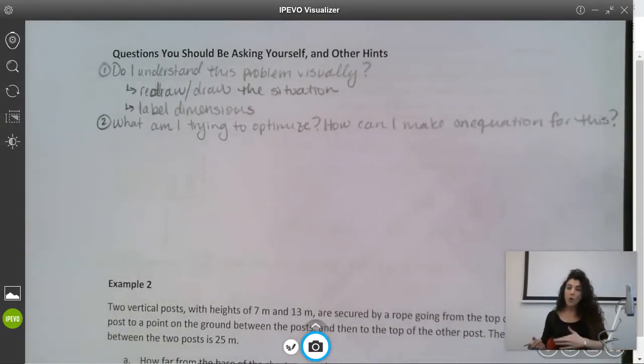Okay, so optimize, because we're talking about optimization problems, but we're not always talking about an optimization problem. Sometimes we're talking about a problem that's asking about something else. But take a second and ask yourself, what is this question asking me to focus on? It's asking me to optimize volume. Then I need to make an equation for volume.